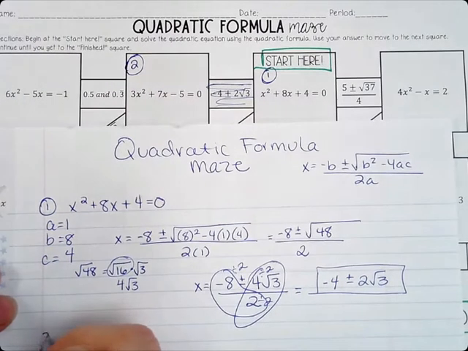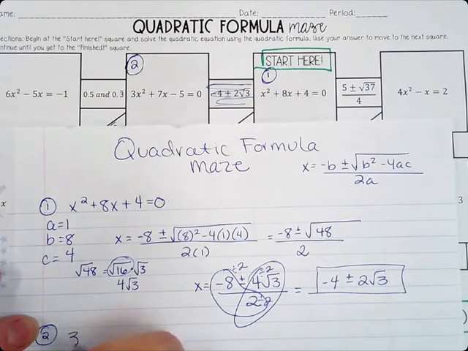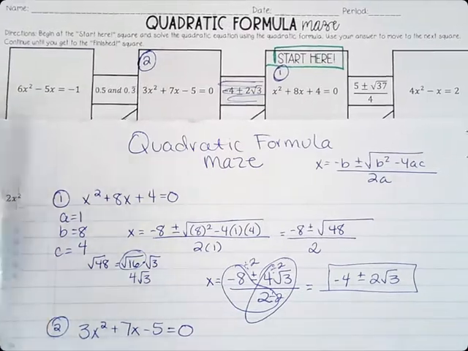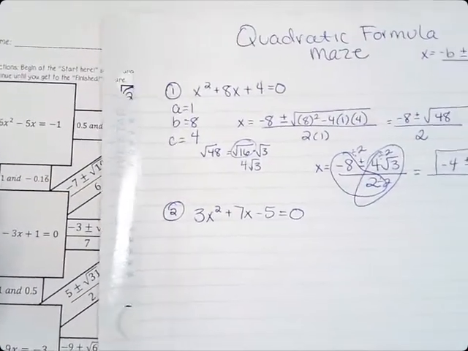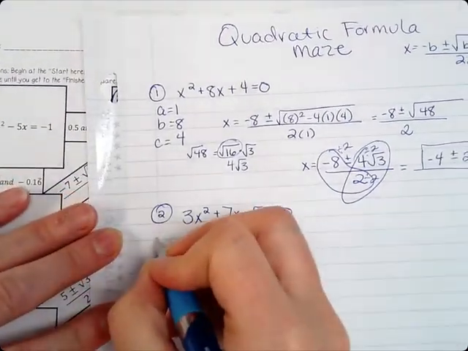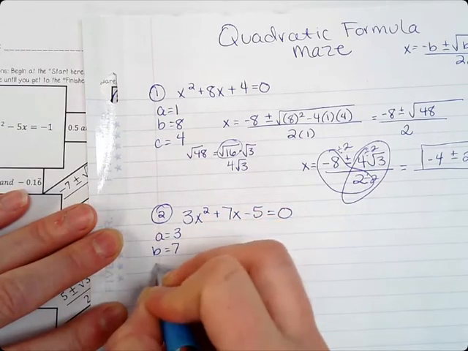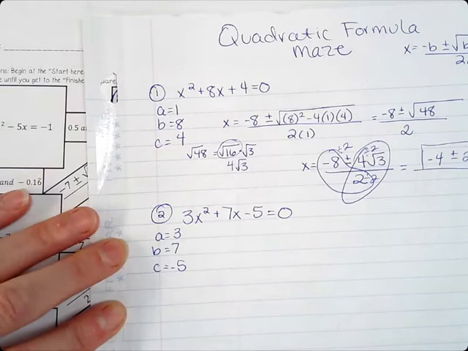Okay, let's go to number 2. 3x squared plus 7x minus 5 equals 0. A equals 3, B equals 7, C equals negative 5.